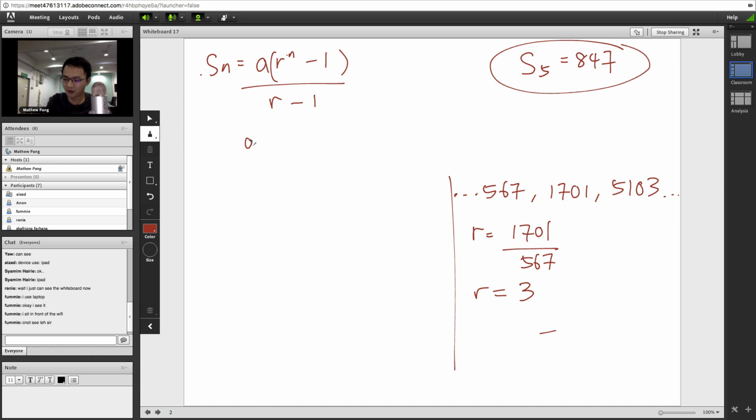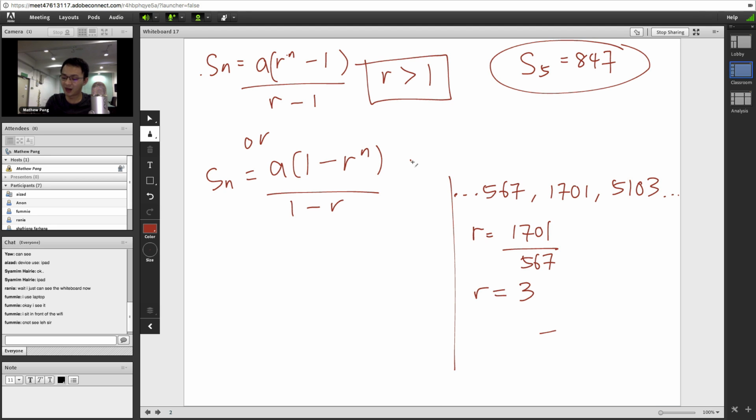Or you have both, I remember, a times 1 minus r to the power of n over 1 minus r, depending on whether your r is bigger than 1 or less than 1. If your r is bigger than 1, you will use the first one. If your r is less than 1, you have to use the second one. In this case, our r is 3, so I will use the first one.